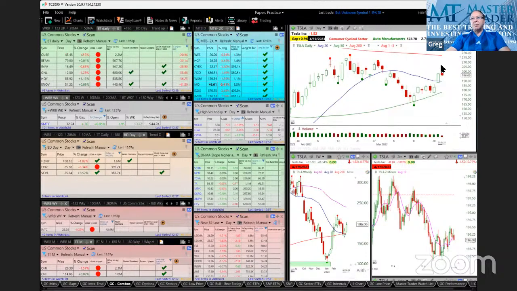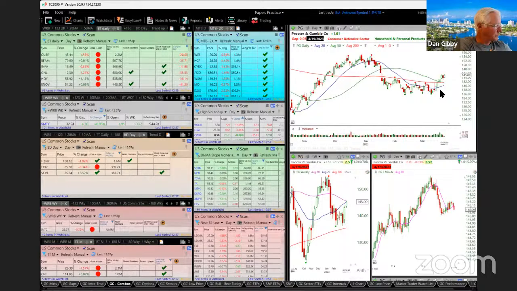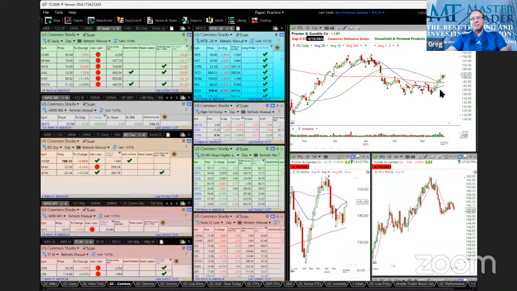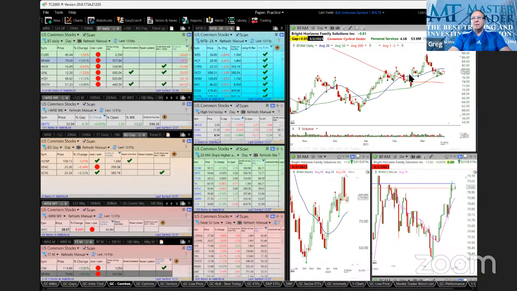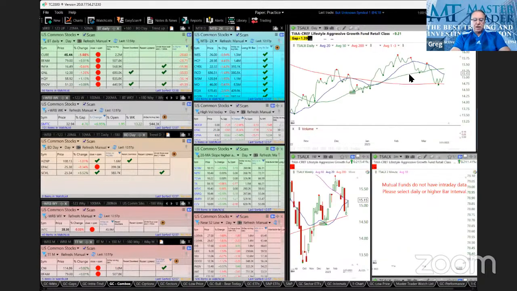If the market goes up, it probably does, but I think you should see the difference between this and the extension of this and the longer period of time building a base. Yeah. So you're kind of comparing apples and oranges. Procter and Gamble, a consumer staple, versus Tesla, which is consumer discretionary.